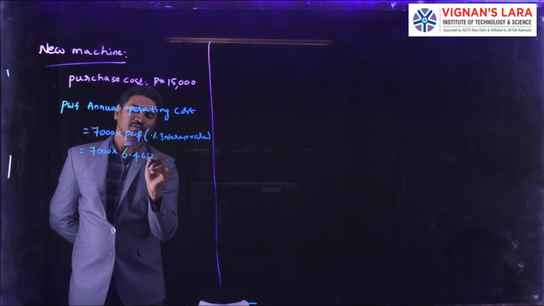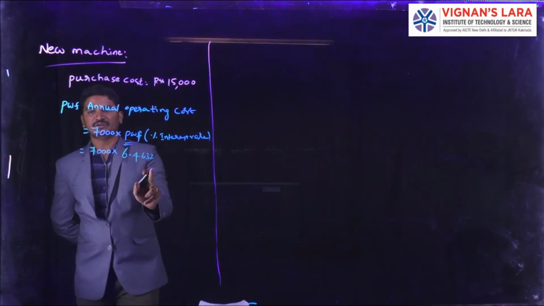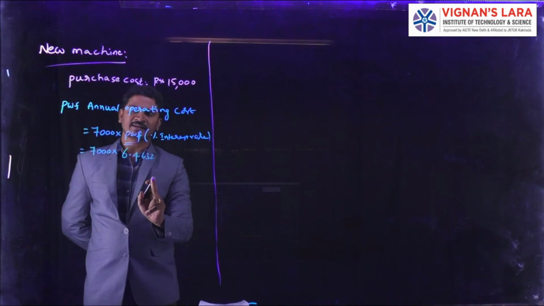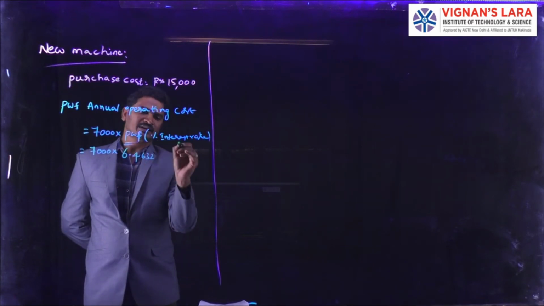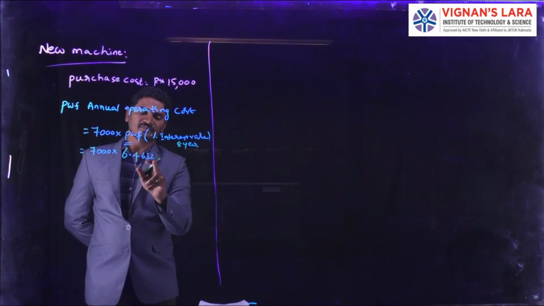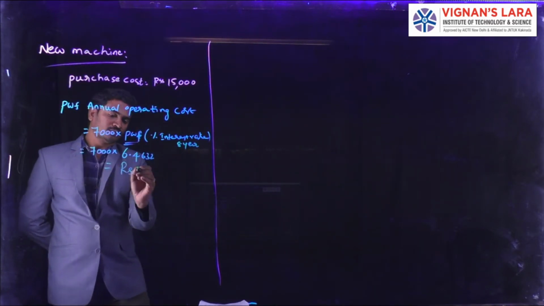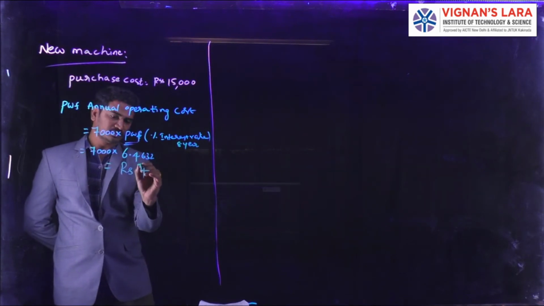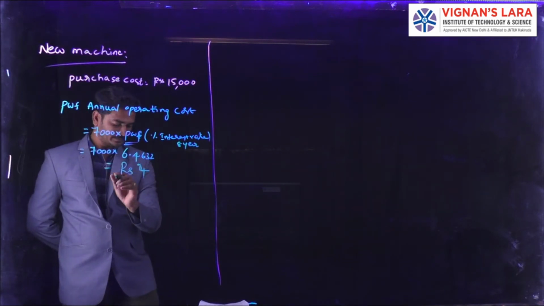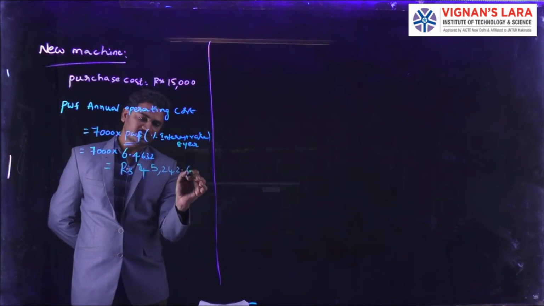We obtained this value from the depreciation formula, D equal to (1 plus r) power minus n, for 8 years at 5%. From that we calculated this value 6.4632. Finally we obtained 45,242.60, okay.